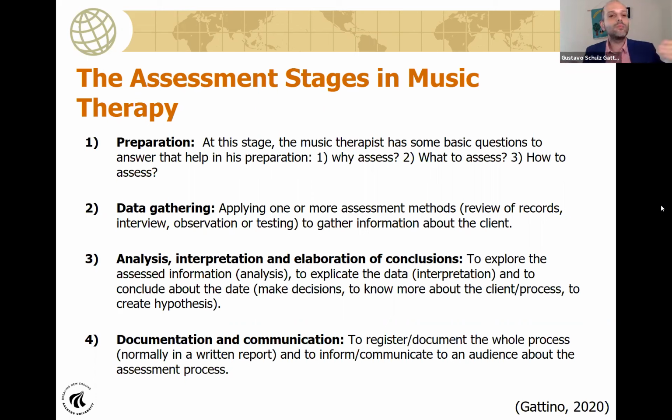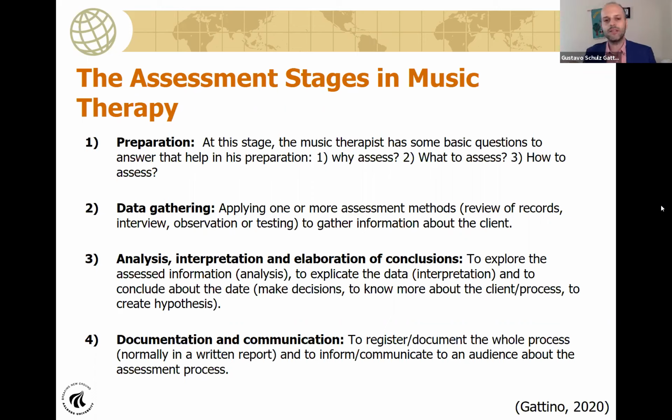So maybe it could be nice to have this moment of data gathering analyzing the session afterwards, and also, for example, reviewing a music score or a composition from the client, just checking the lyrics, for example. So you can decide what is the best moment for the data gathering.